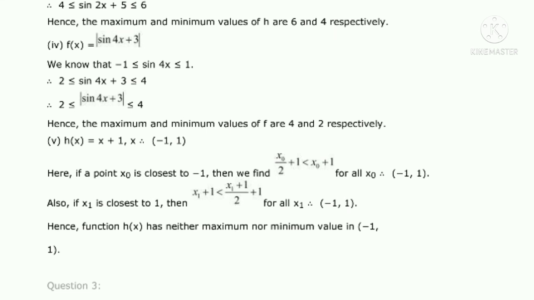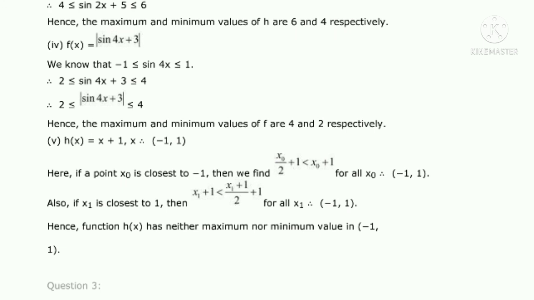If you take another example, suppose in between minus 1 and 1 any point, suppose 0. If we take 0, then in place of x we can write 0. So if we write 0, then h(x) equal to what we get? 1.